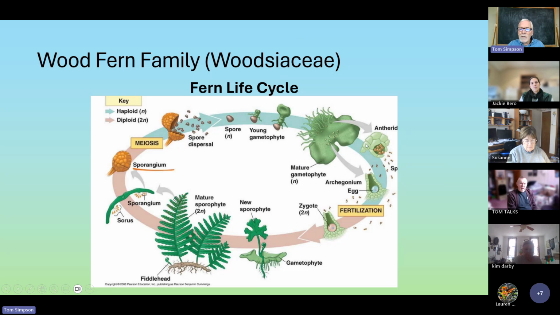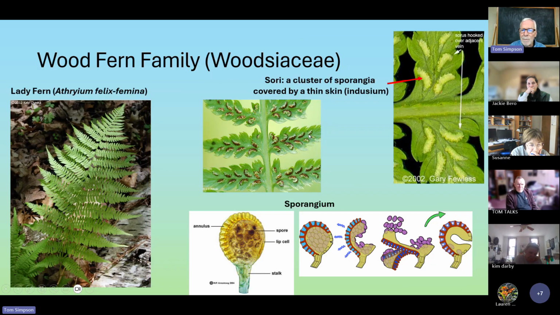During rainfall, when there's wetness, the sperm swim to the archegonia of a nearby gametophyte, fertilize it, and out of that little gametophyte grows the next generation of spore-producing plants. So it alternates between spore-producing plant and gamete-producing plant. That, bud, is how they reproduce without seeds.